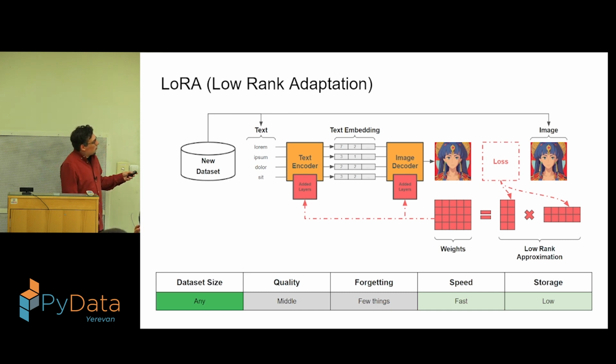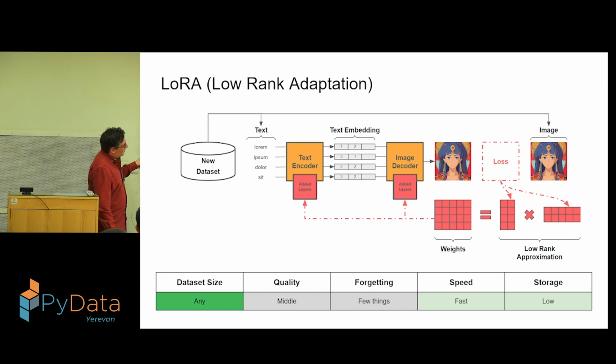It's a very similar approach to raw fine-tuning, but instead of training the text encoder and image decoder, we're just adding new layers to the models using this residual connection trick, and train only these layers.